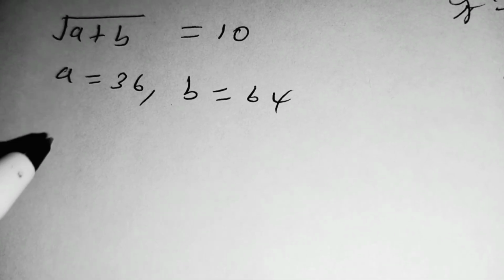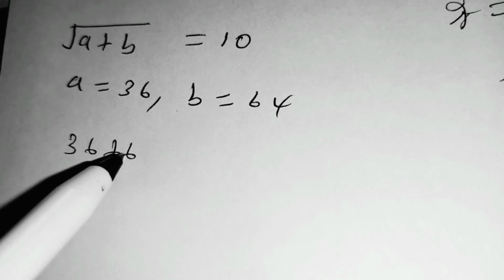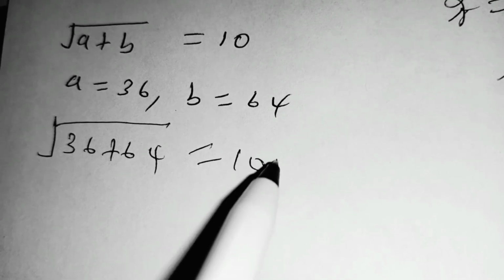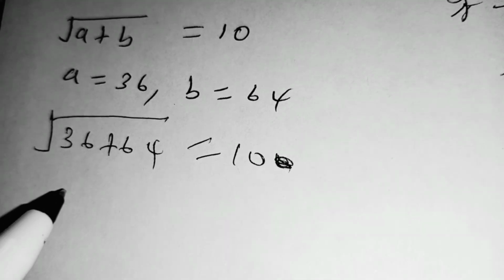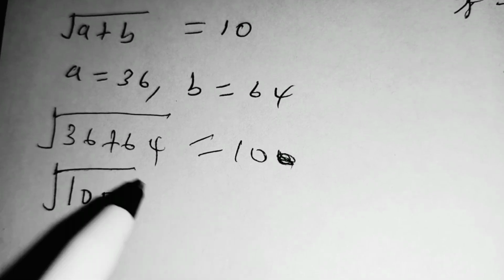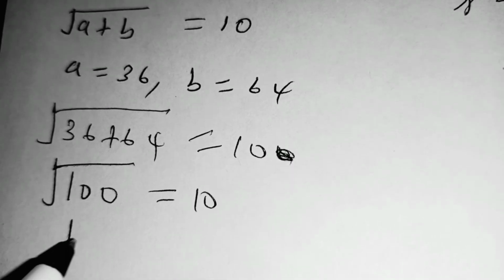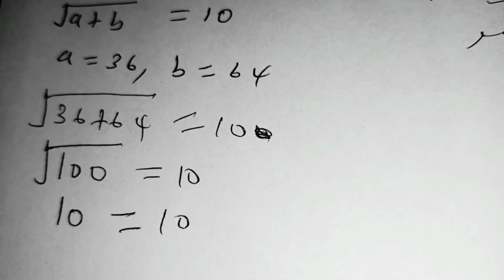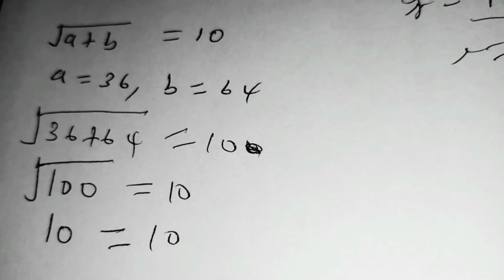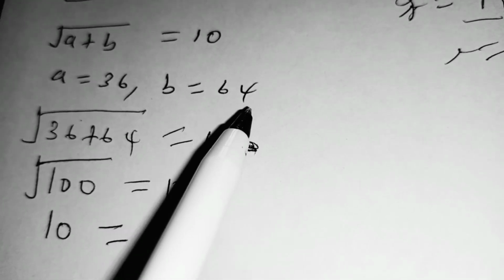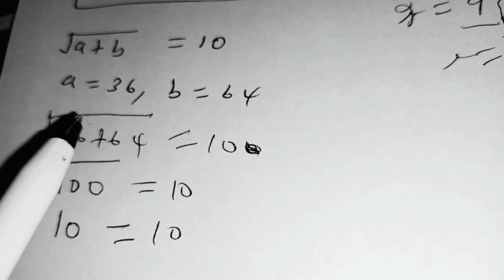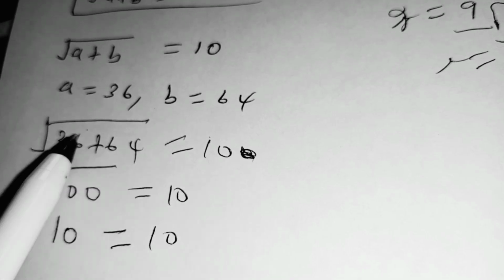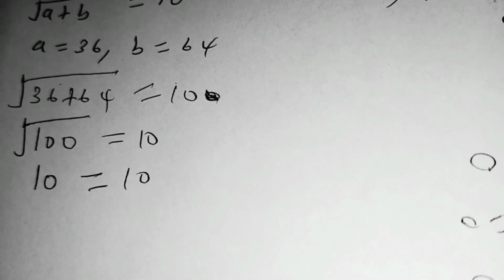When a is equal to 36, we add 36 plus 64, which is 100. Square root of 100 is 10, which is equal to 10. Meaning that both equations hold when a is equal to 36 and b is equal to 64, and also when a is equal to 64 and b is equal to 36.